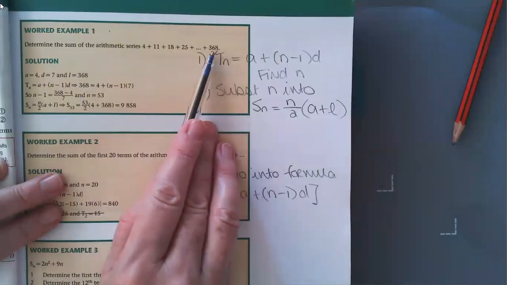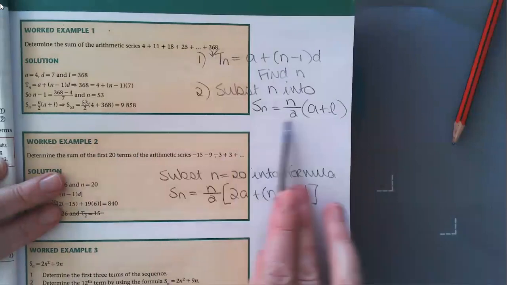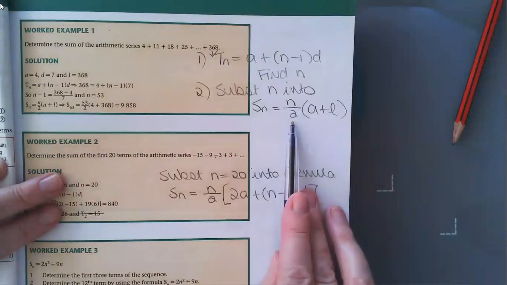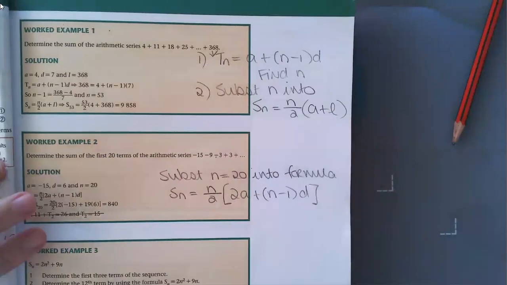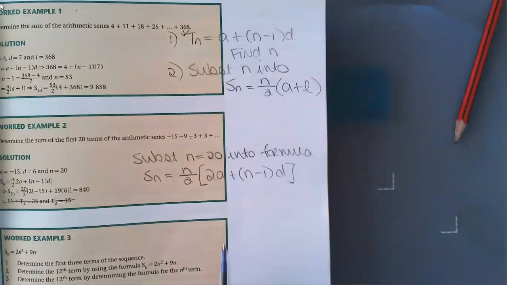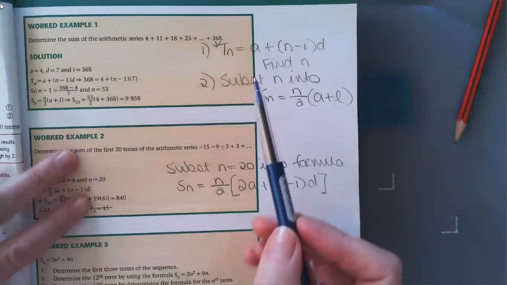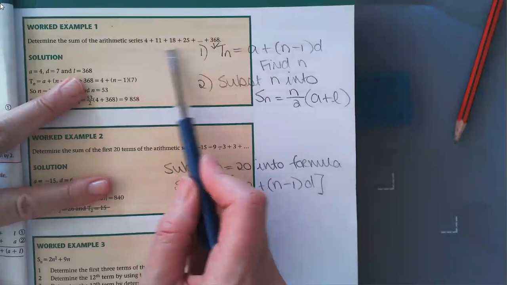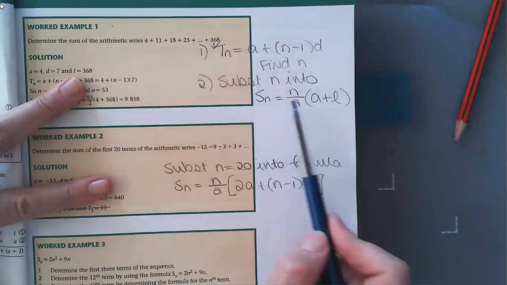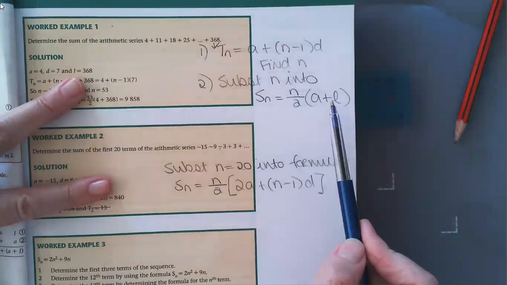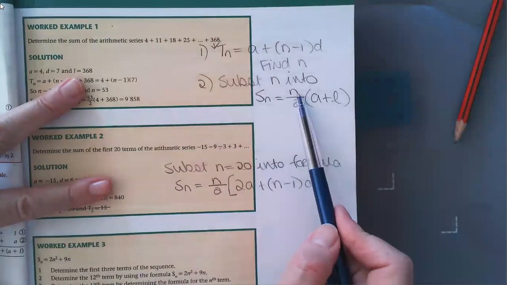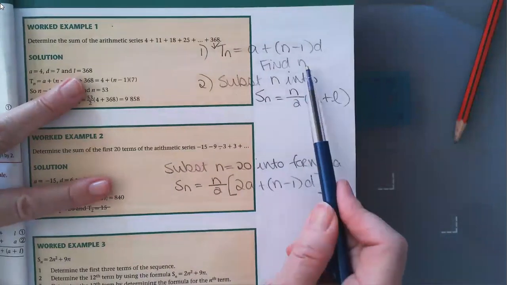So that means we are going to use this formula, n over 2 times A plus L, which is the one that we had here before we broke it down to 2A plus n minus 1D, right? But if we look at this series, we want to use this formula, right? We don't have the n. So we first need to find the n before we can substitute it into the sum.